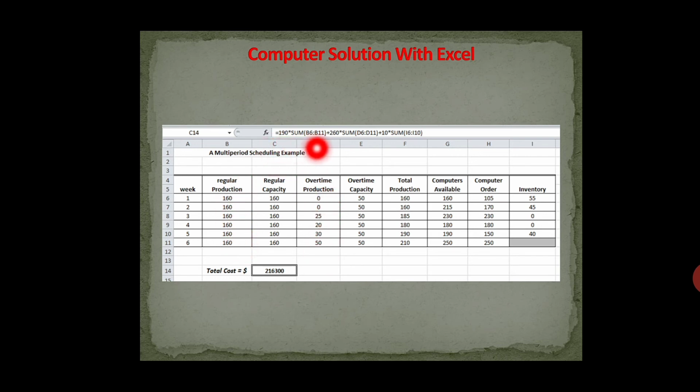So this is the formula, the sumproduct. If you don't want to type, or as another choice, you can type equals SUMPRODUCT, open parenthesis, B6 colon B11, comma, D6 colon D11, close parenthesis, then enter. So this is the result.